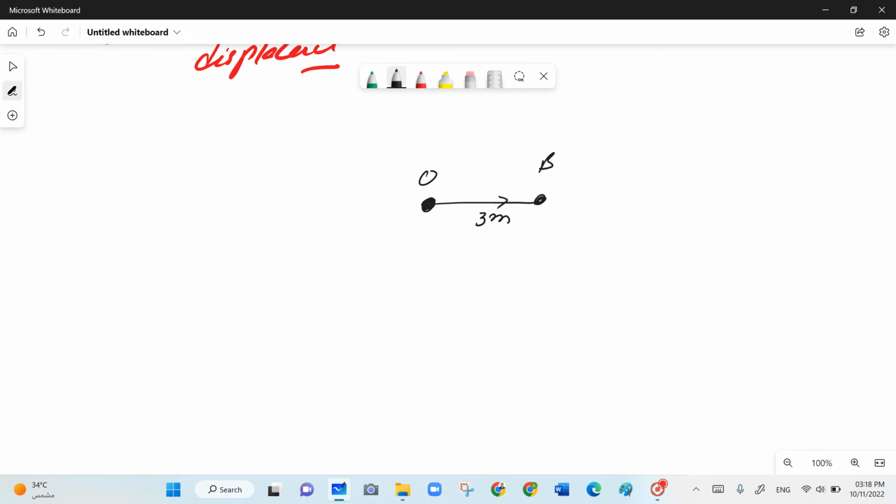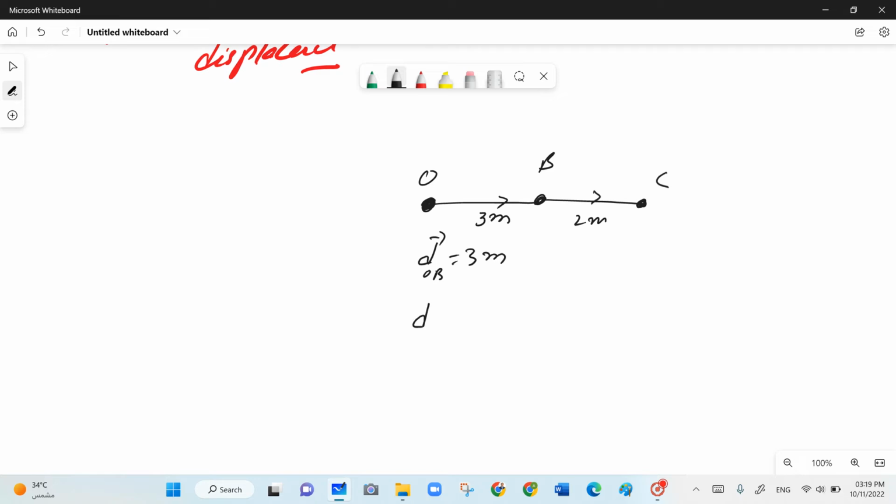Then let's see, if I take another one, 2 meter more, again towards east. So the displacement OB is 3 meter.